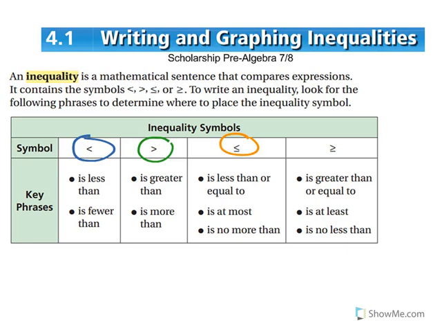Over here we have the less than or equal to sign. This would be is less than or equal to. Is at most, that's a important one. I know it seems like it would be at least, but it's actually at most. We'll get to that a little later. Or is no more than. And then finally we have our greater than or equal to sign. And again, it could be greater than or equal to, is at least, again that's a real important one, or is no less than. So these are the wording you would use with these symbols.